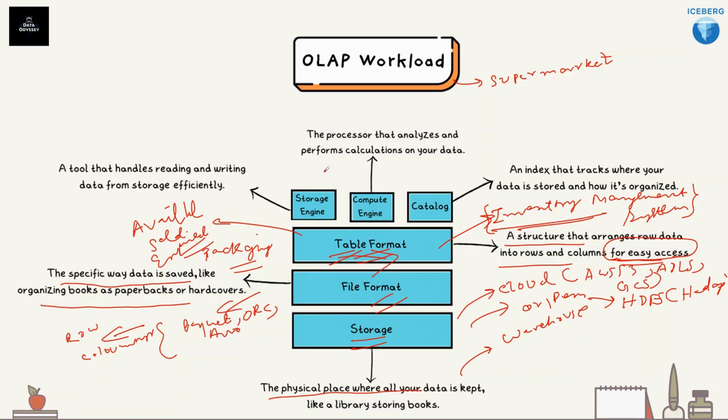And then we have the storage engine. Now as the table format dealt with the inventory management system, there must also be a stockroom operations person, right? Correct. So what is a storage engine basically? A warehouse doesn't just store products in a supermarket, right?